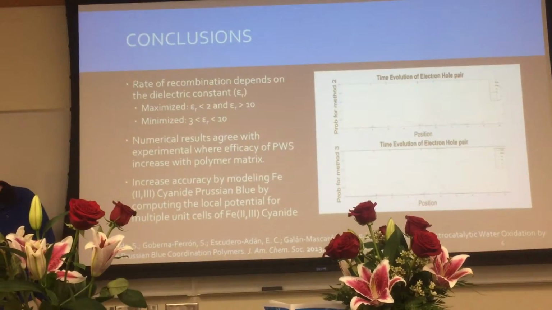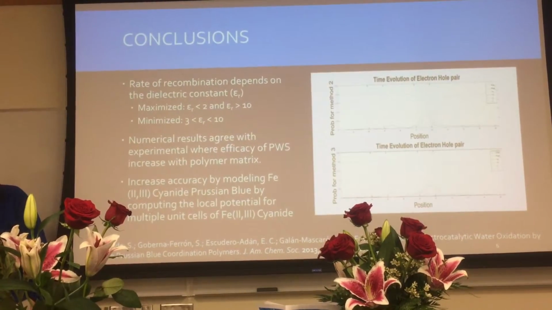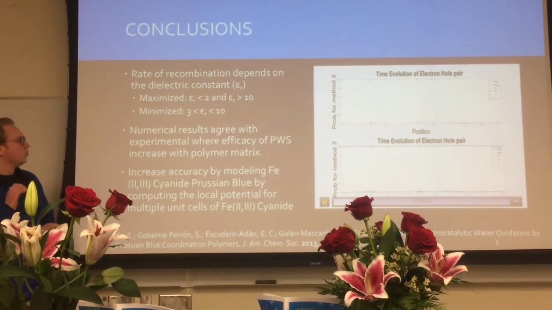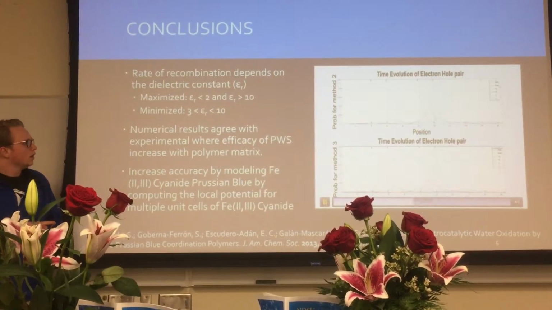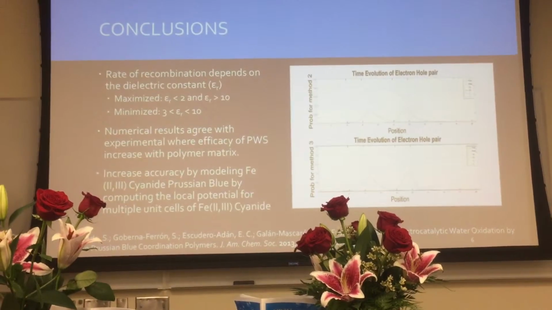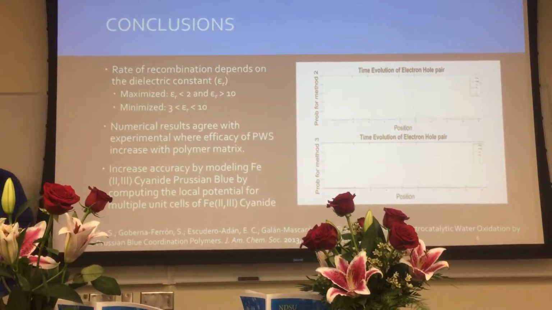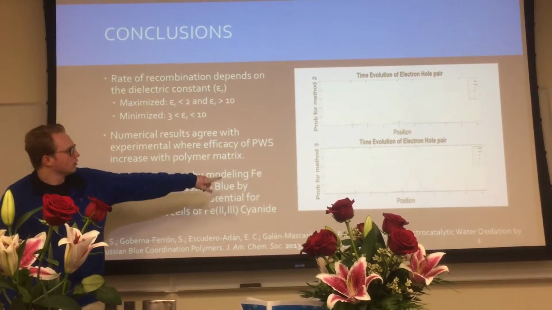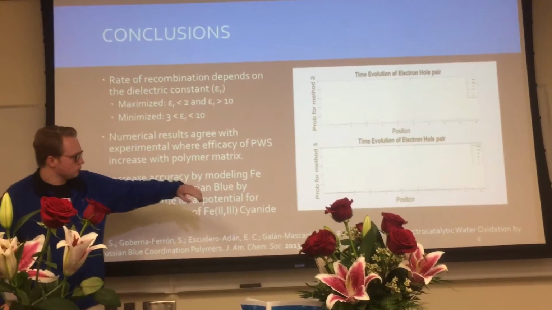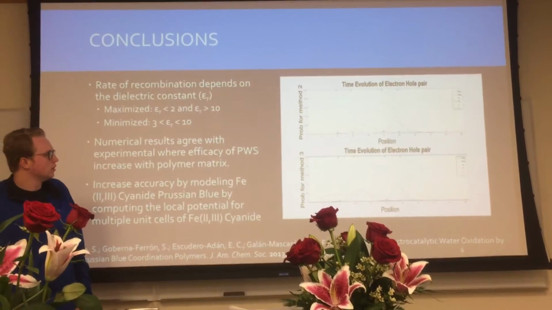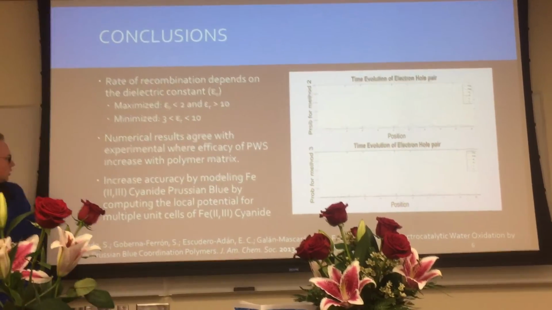So in conclusion, we see that when we vary the dielectric constant, if it's very high or above 10, the rate of recombination is higher than when it's lower, and this is an image of the recombination when we do 1 dielectric constant.